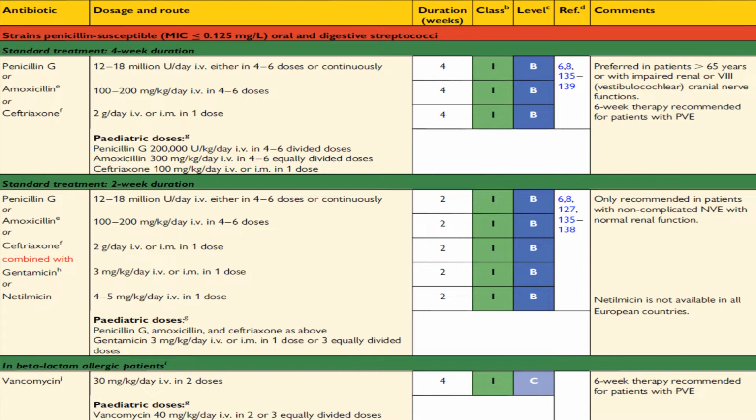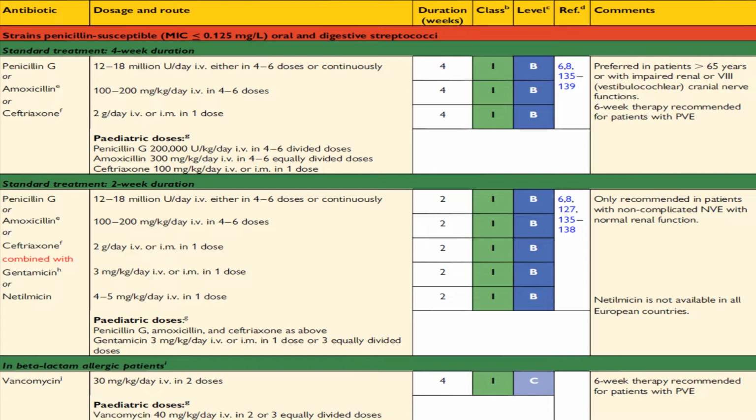You can use penicillin in normal dose, about 12 to 18 million units per day, or amoxicillin or ceftriaxone, either one of these, for 4 weeks. If you use monotherapy with this beta-lactam, the required duration is about 4 weeks. But if you add gentamicin or netilmicin, both of them aminoglycosides, this can shorten the duration to 2 weeks.